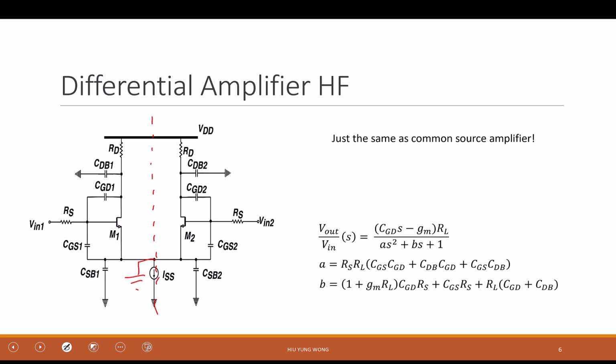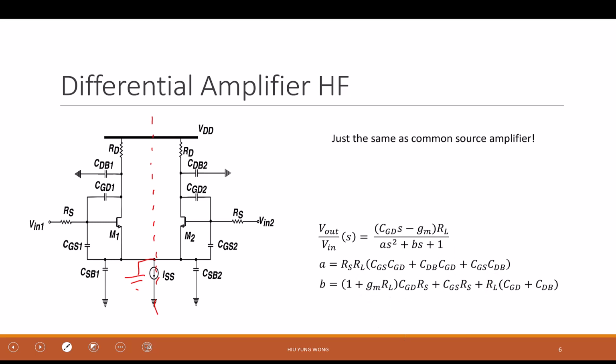Once I do this virtual ground, what type of circuit is this? Look at it carefully. Ground, input to the gate, output to the drain. What circuit is this? It's common source. And we spent a lot of time to study common source already. And these are the equations. You can just apply them directly.